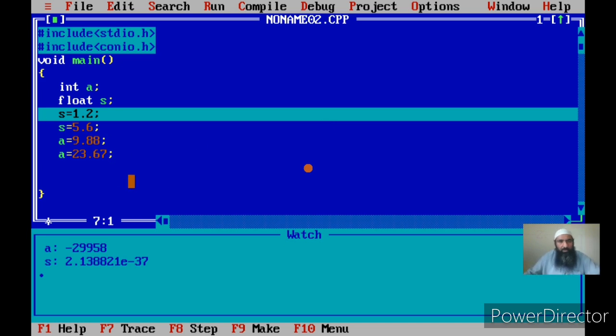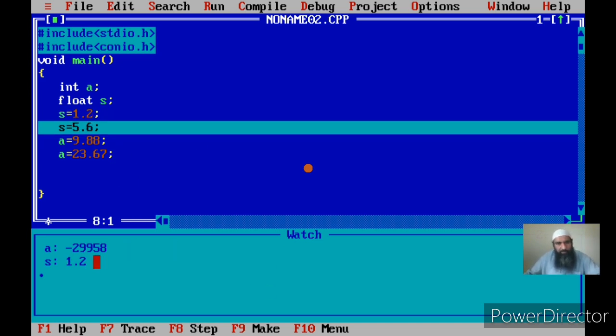I am watching now s. Since s is a float, let us see whether it can hold it or not. Now see, after this statement, s is now holding 1.2. It has the capability to hold the decimal part of a number as well as the integer part.